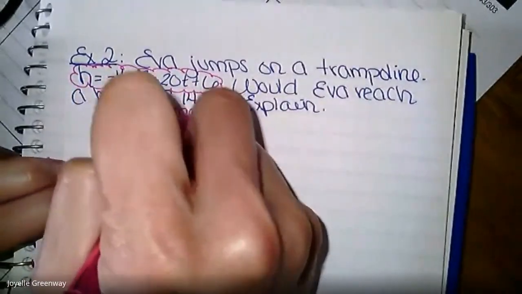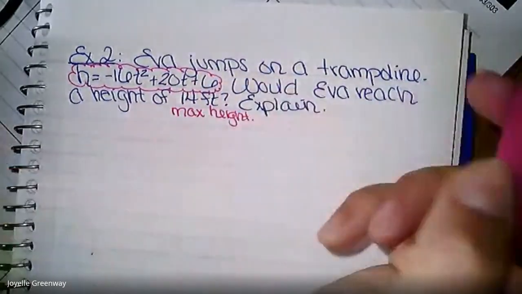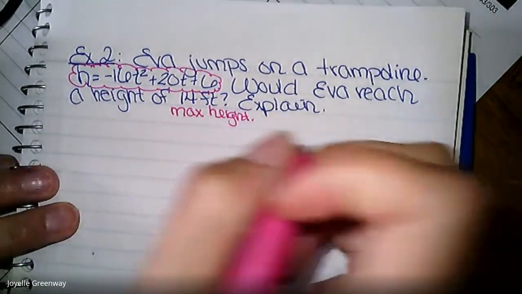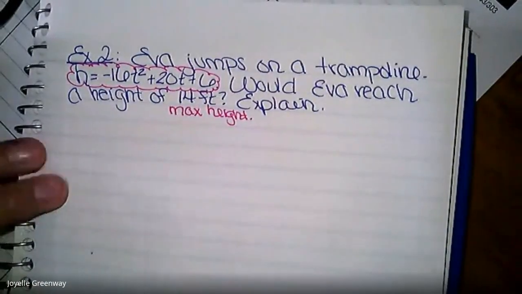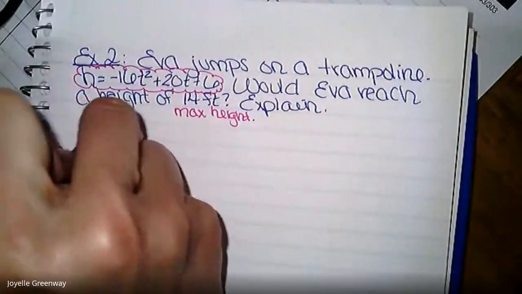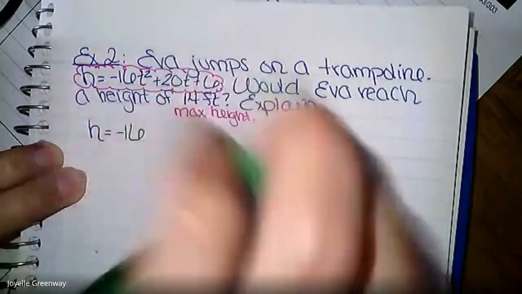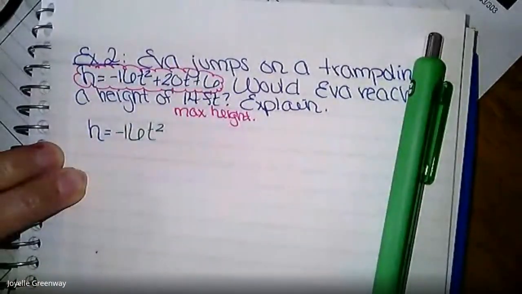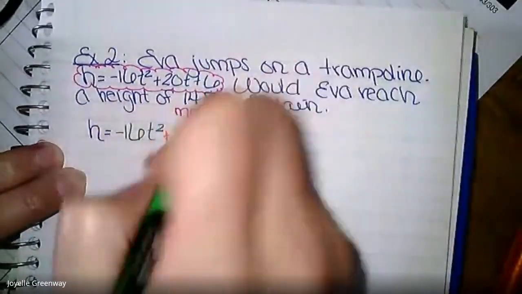What we need to find out is the max height that she will get from this trampoline. So if I'm looking for my max height, I have h equal to negative 16t squared plus 20t plus 6.